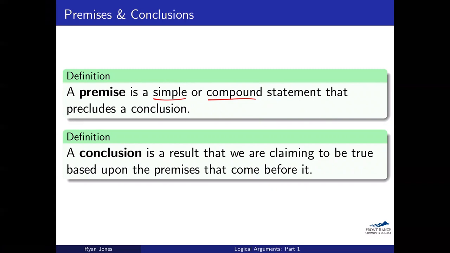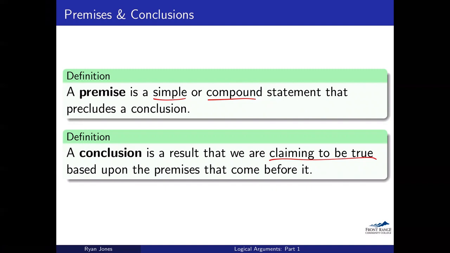So you'll have one or two or three or four or five premises, and those will come before our final conclusion. Then our conclusion is going to be the result that we are claiming is true based upon all the premises.